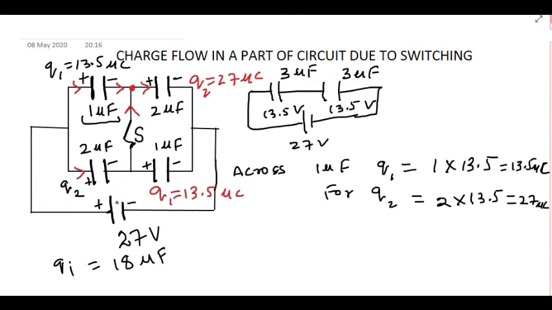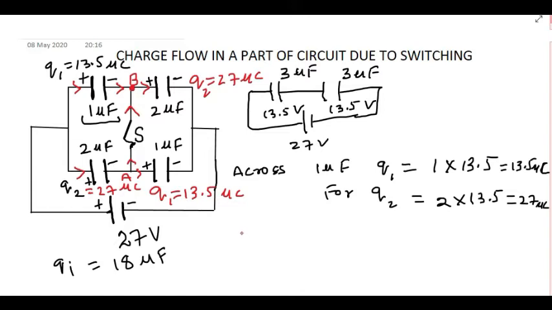So the charge is divided here into two parts: 13.5 along this side and 13.5 along this side. Now you can say that the charge will flow from point A to point B as the switch is closed, which is 13.5 microcoulomb.